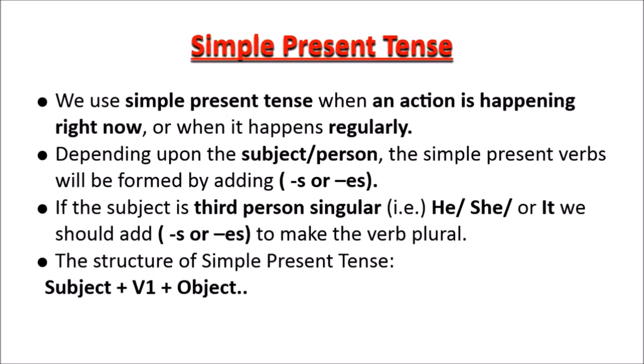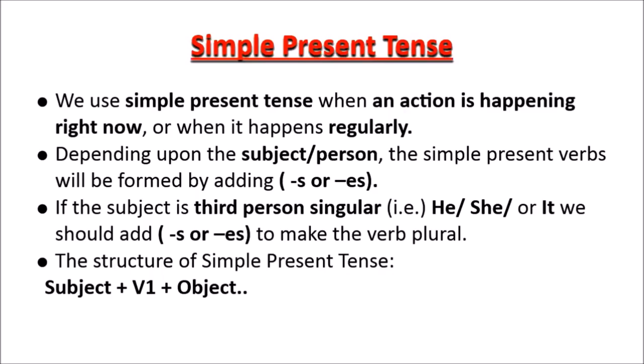Depending upon the subject or person, the simple present verbs will be formed by adding s or es. So, it depends upon the subject or person. If the subject is third person singular, that is he, she or it, we should add s or es to the verb.